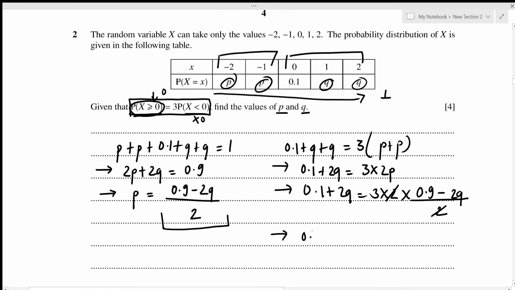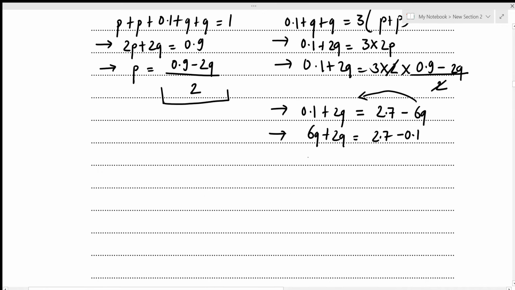Now it's going to be 0.1 plus 2q is equal to 3 into 0.9, which is 2.7, minus 3 into 2q, that's just 6q. Alright, I'm going to bring this q to this side. So that's going to be 6q plus 2q equals 2.7 minus 0.1. This is going to be 8q is equal to 2.6.